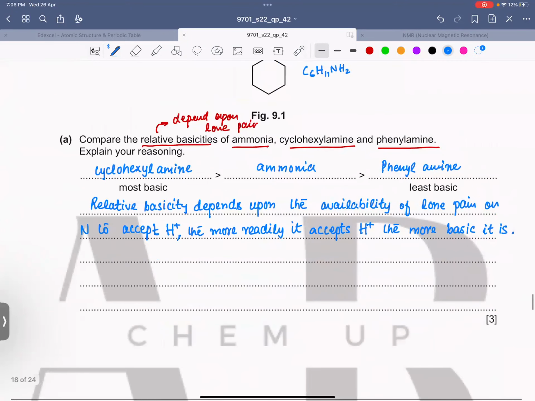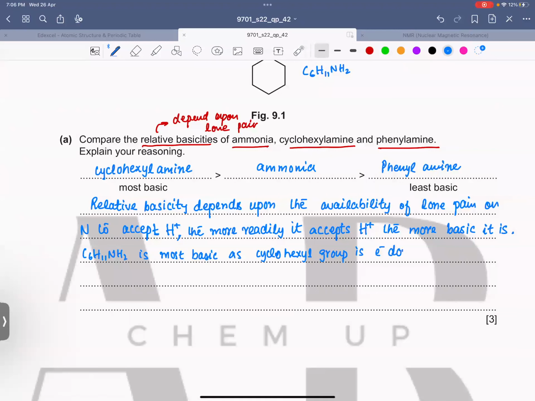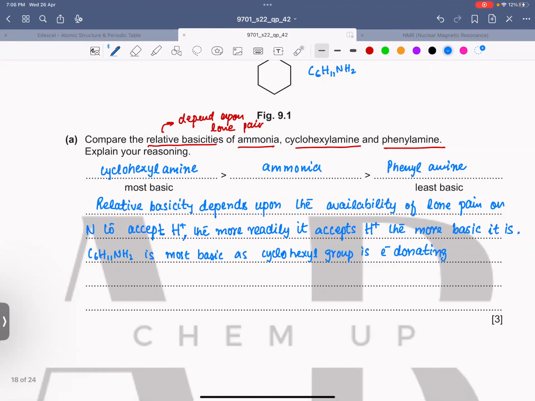So C6H11NH2 is most basic as the cyclohexyl group is electron donating, and as it is electron donating, the availability of the lone pair on the nitrogen would be more. It is readily available.